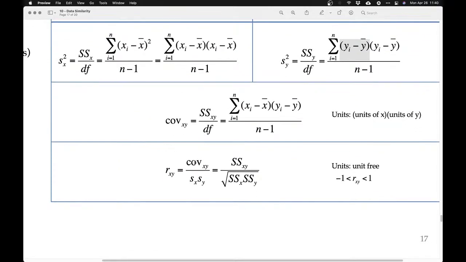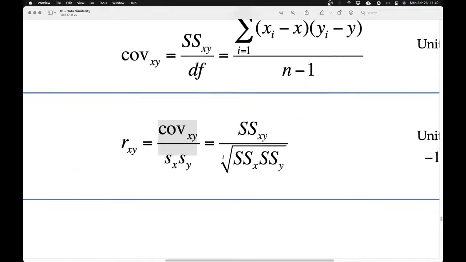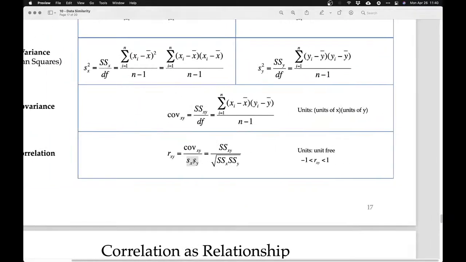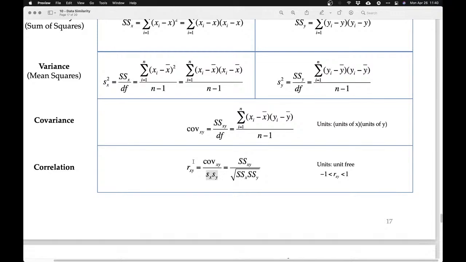Now, if you take your covariance as the numerator and you divide it by the product of the standard deviation of x and the standard deviation of y, you get correlation. This is the statistical explanation of what correlation is. Correlation is the covariance of two variables. What does their dispersion look like together? Their covariance, fully standardized.